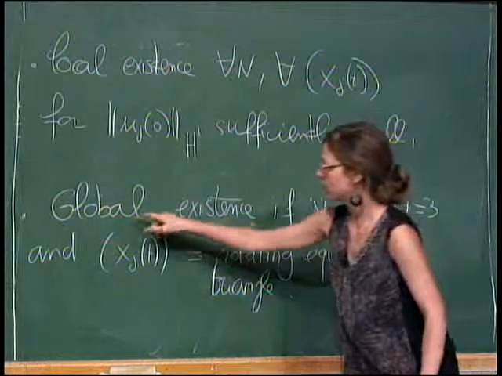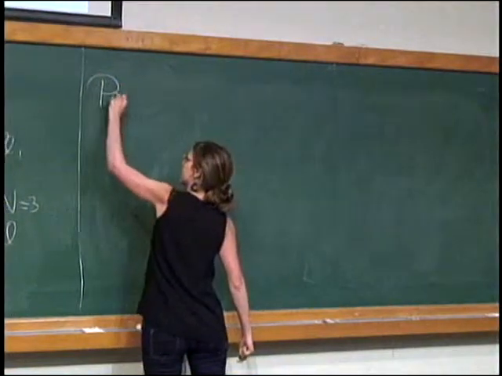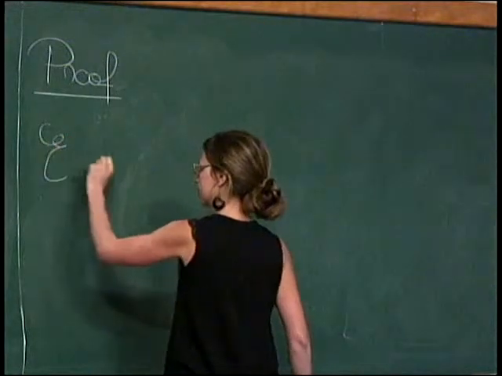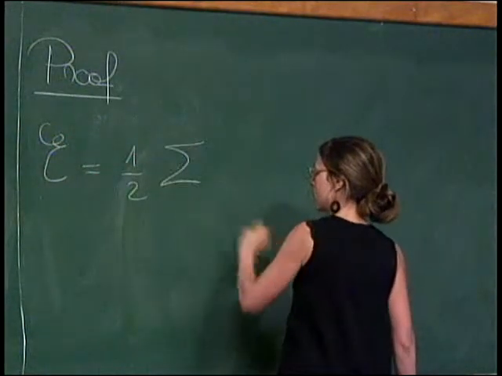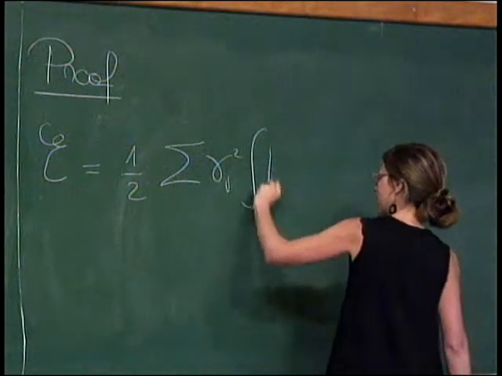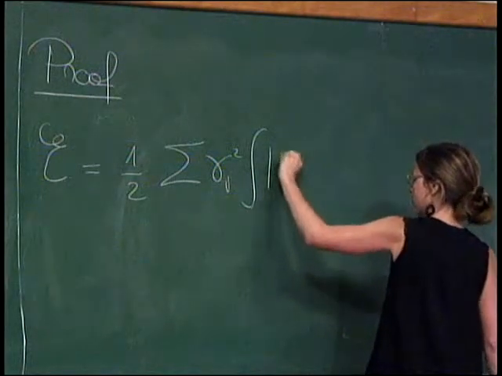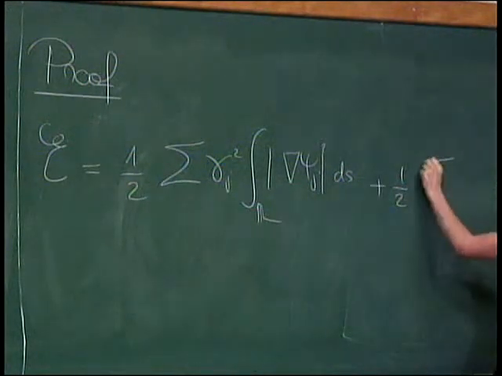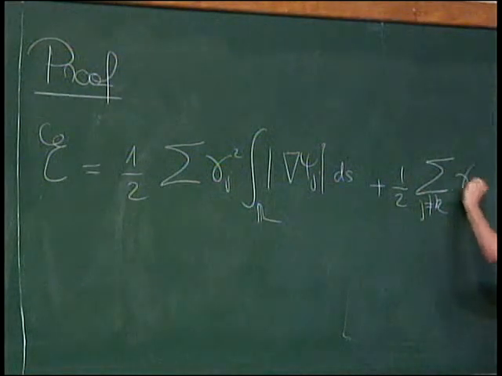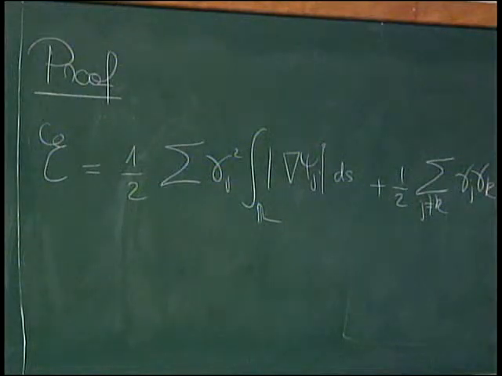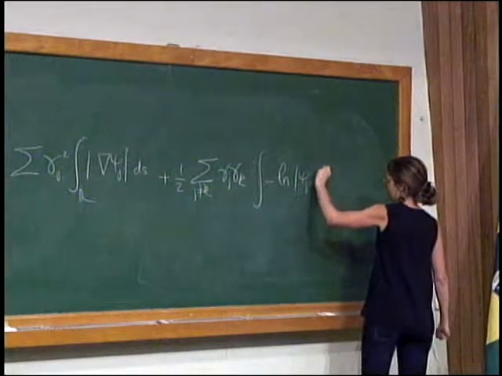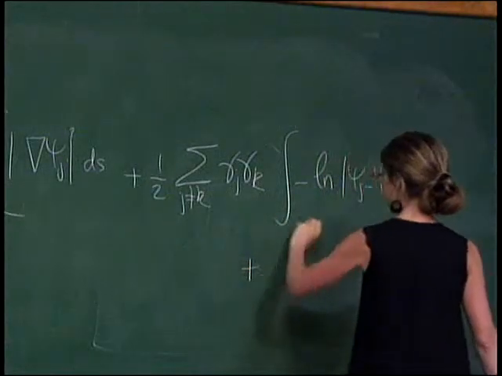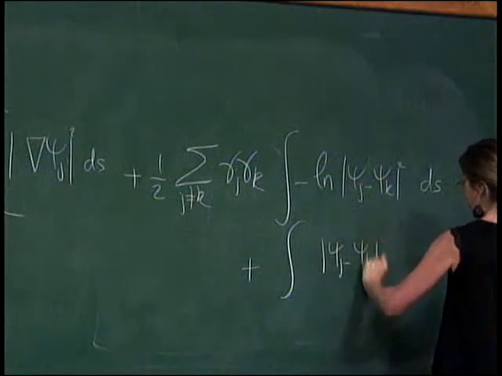So for this global existence result, the main ingredient is to introduce this energy, which is the sum of gamma j squared times the integral of the gradient of psi j squared, ds, on R, plus 1/2 of the sum for j different from k of gamma j gamma k times the integral of minus logarithm of the squared norm of psi j minus psi k, ds, plus the integral of psi j minus psi k squared ds.